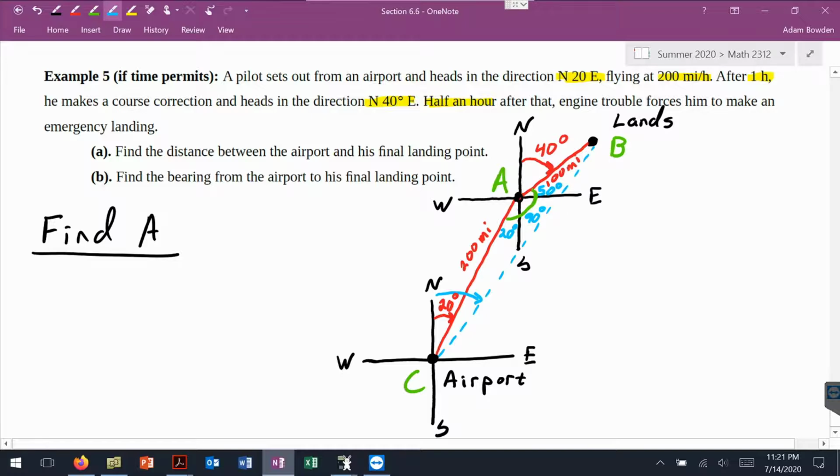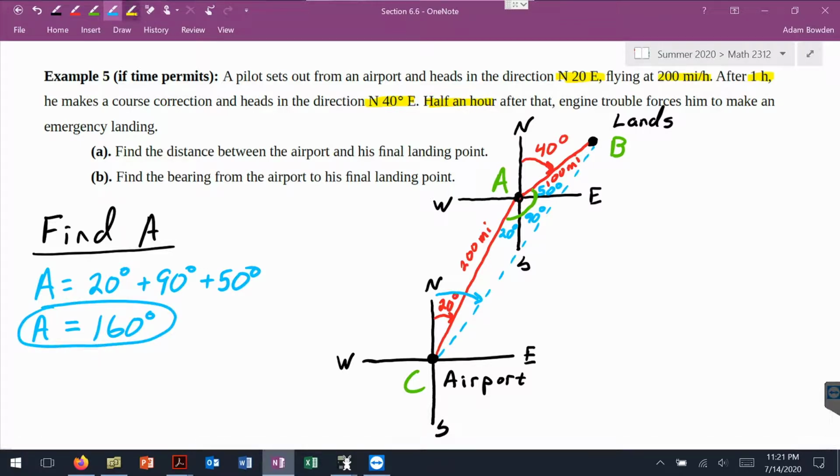And so what we're going to have for A is going to equal 20 degrees plus 90 degrees plus 50 degrees. And so A is going to be equal to 160 degrees. How I'm getting this information is the 20 degrees matches up with the 20 degrees where we started. There's 90 degrees in the middle from the right angle. And then there's 50 degrees here on the lower side next to the horizontal line, because we already have 40, and the 50 is how we get to another 90-degree angle in that corner.